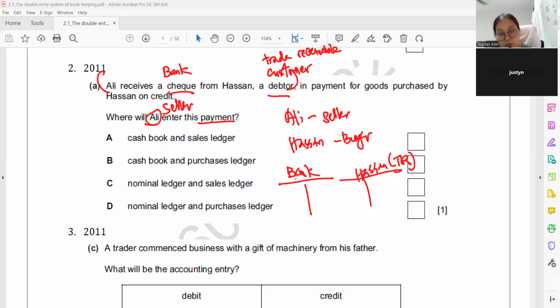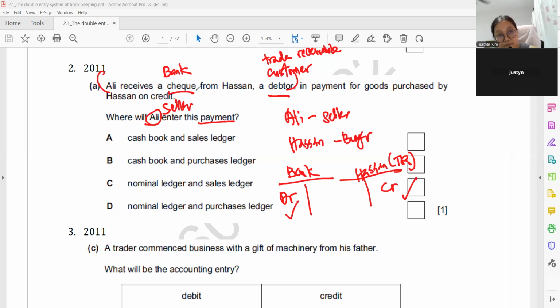Ali receives a check from Hassan, a customer. From the bank's point of view, it adds money. Add means debit. So correct, bank receives money. So Hassan is giving out the money.